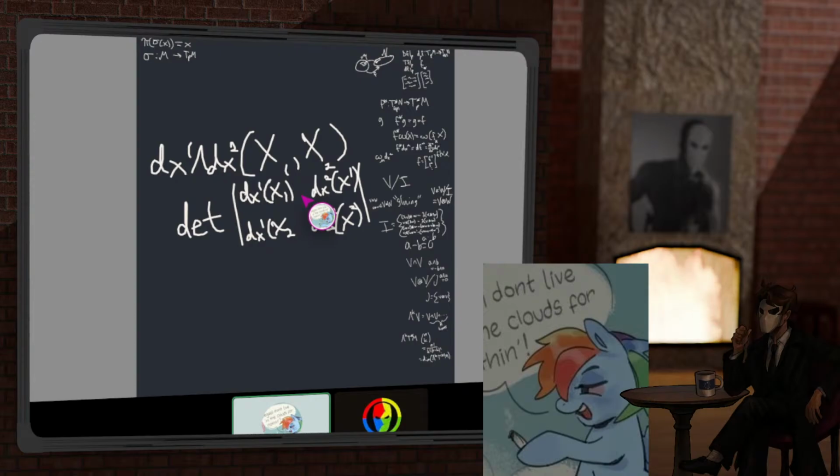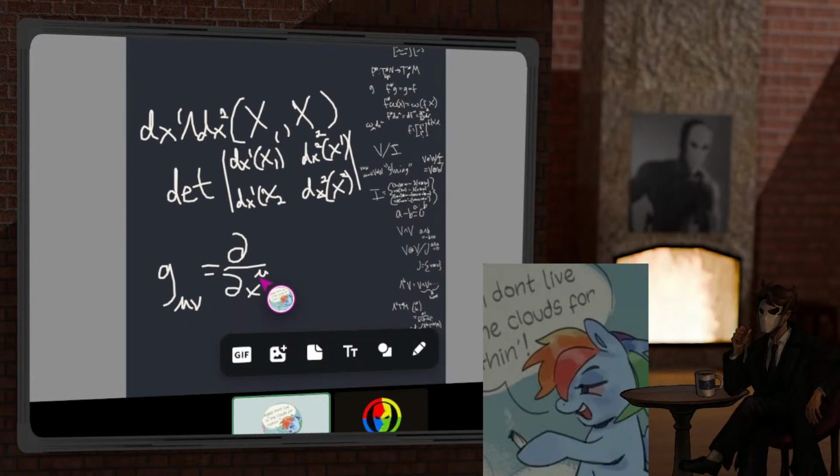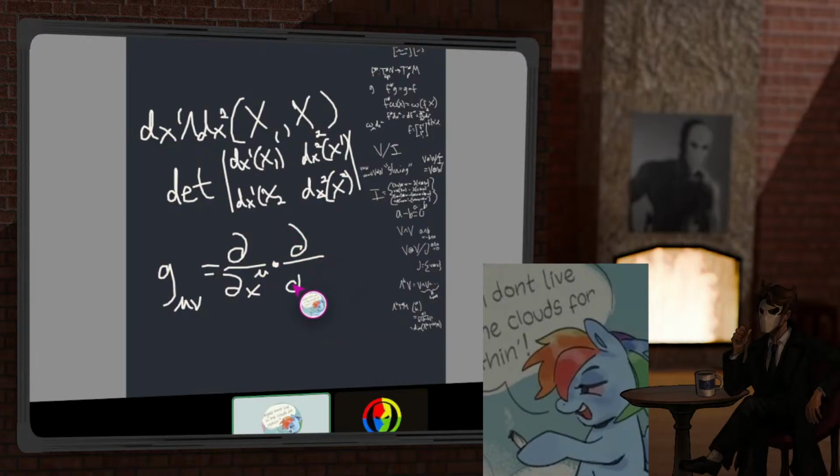And then you can also define something called a metric tensor, whose components are basically just the dot products of your basis vectors. I won't go into as much detail with this as I could because it's a lot to explain, but it basically allows us to measure things like lengths and angles.